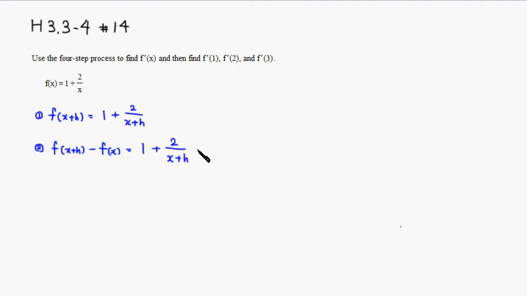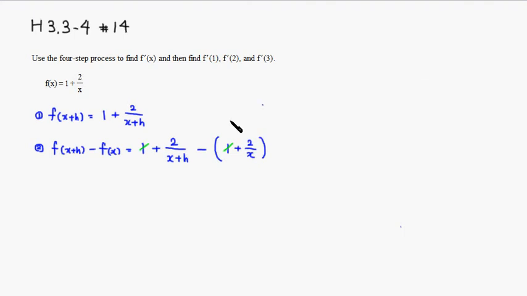Then we have to subtract f of x, which is 1 plus 2 over x. Then you can see that the 1 and the minus 1 cancel out, and you have 2 over x plus h minus 2 over x.